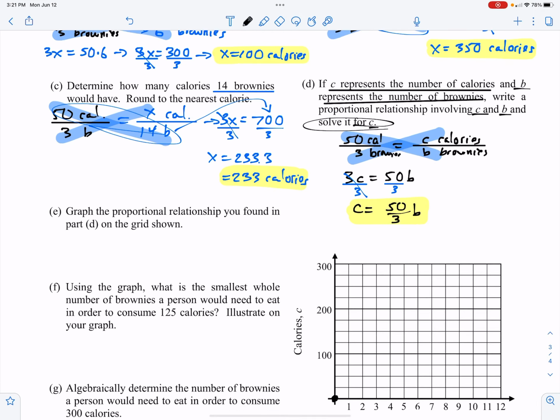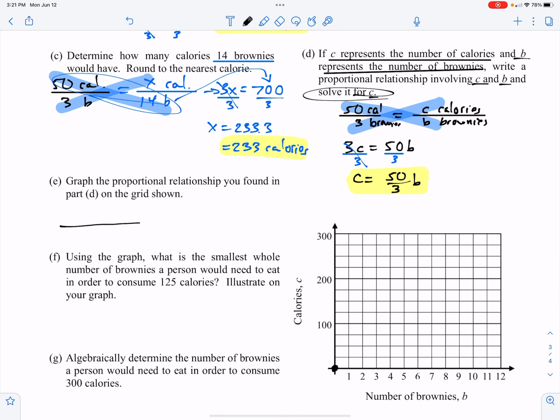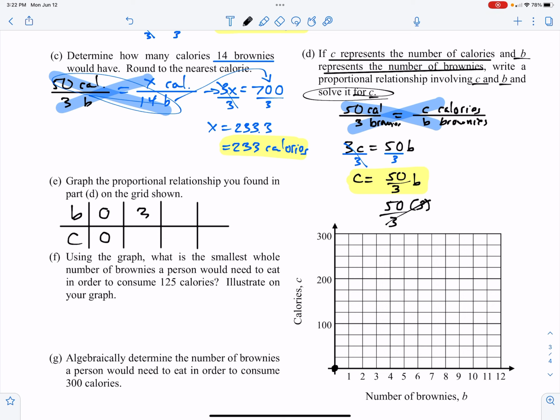I'm just going to make a small chart to allow me to plot a few points. This is going to be B for brownies, C for calories. So 0, that's easy. 3, okay, if 3 brownies, if I put in 50 over 3 times 3, you can see it's going to cancel. I'm just going to end up with 50 calories.